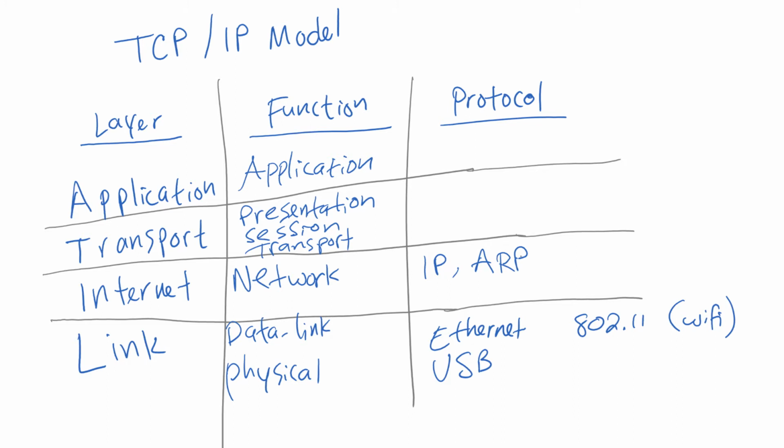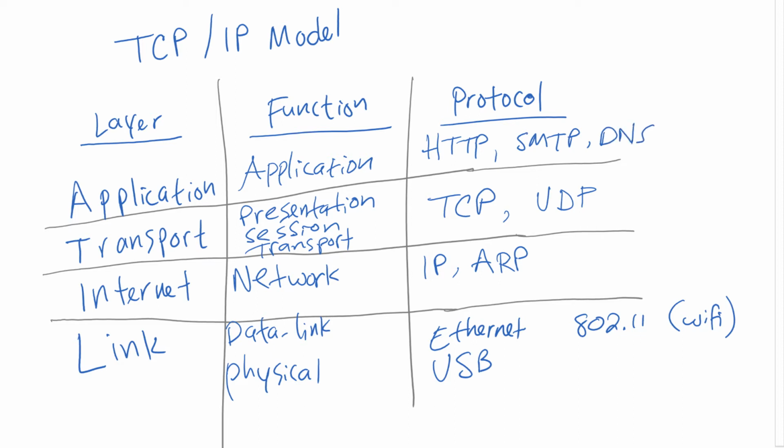The protocols at the transport layer mostly revolve around TCP, Transmission Control Protocol, and also its counterpart UDP, User Datagram Protocol. At the application layer, we have a lot of protocols, but some of the most important to remember are HTTP, Hypertext Transfer Protocol, SMTP, Simple Mail Transfer Protocol, DNS, Domain Name System, DHCP, etc.